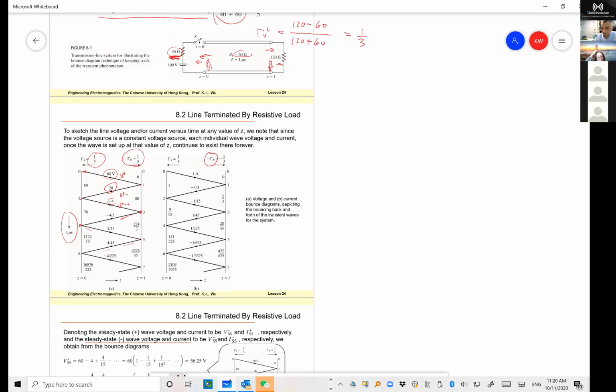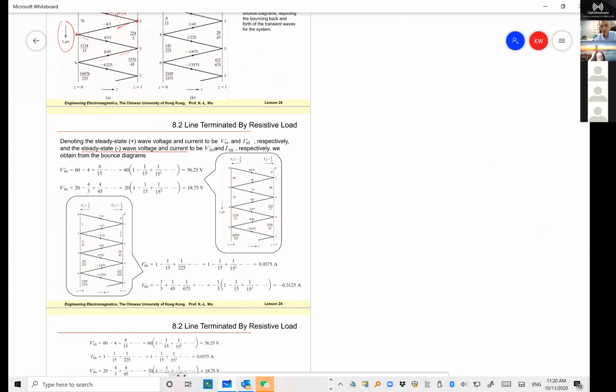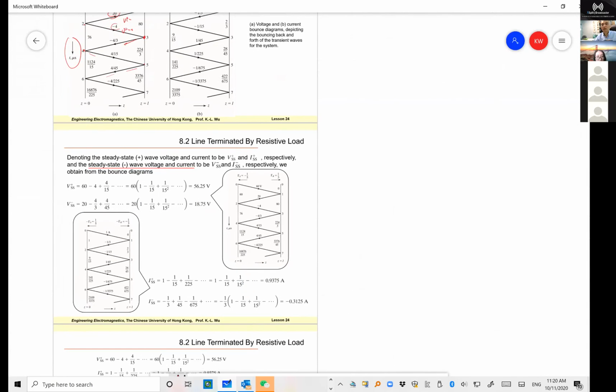So the total voltage, after a long time settles, we call steady state. It becomes stable. So I have the initial one, I reflect and reflect again, and all of this you add together. This becomes a series, right?